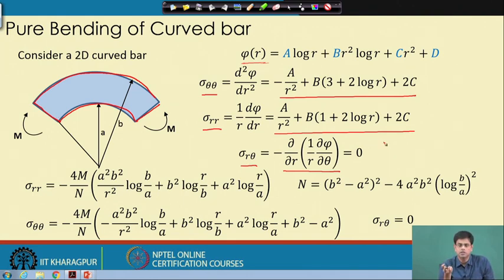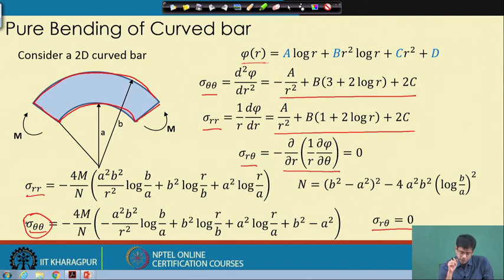So, sigma r theta is 0. With these three boundary conditions, we could find sigma r r and sigma theta theta, and sigma r theta equals 0 is already satisfied. This sigma theta theta is what we calculate with the strength of material solution via the Winkler-Bach formula.